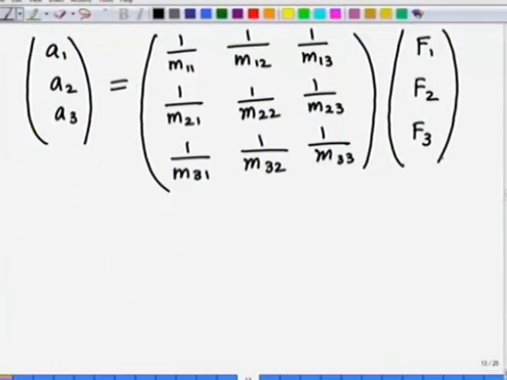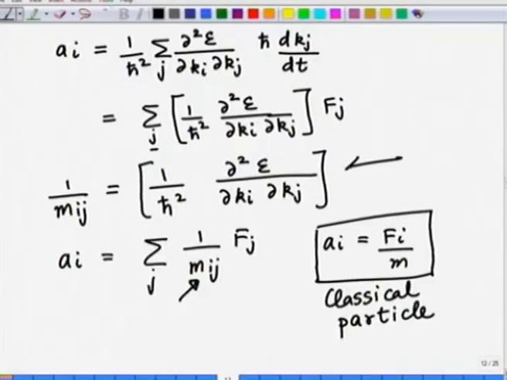Now, I have got a behavior like a classical particle, except I have introduced an effective mass tensor, and this Mij, of course, is a quantity given by this. So, from the E versus k diagram, now I can find the effective mass.